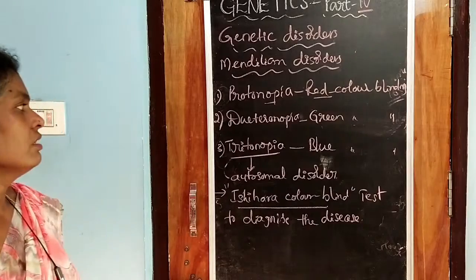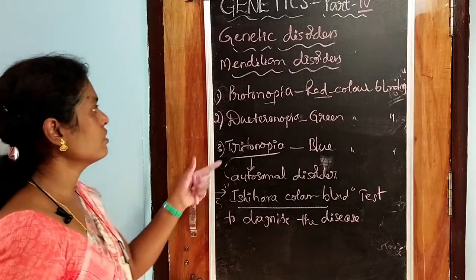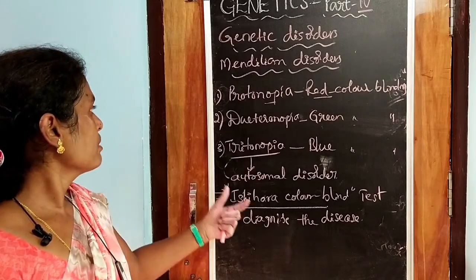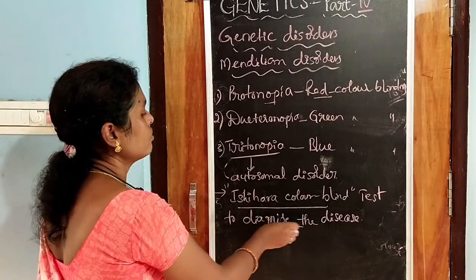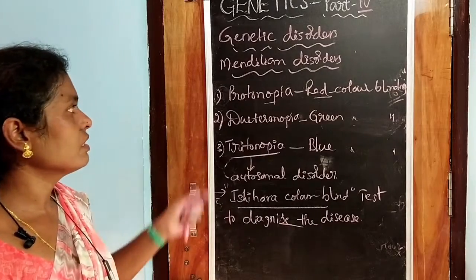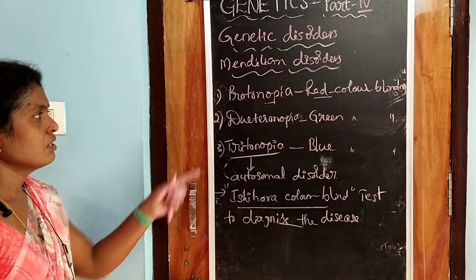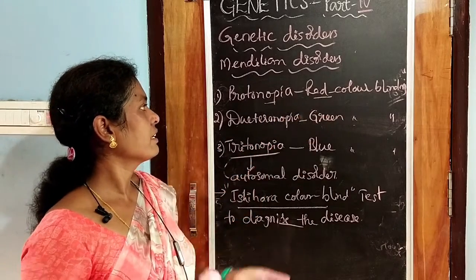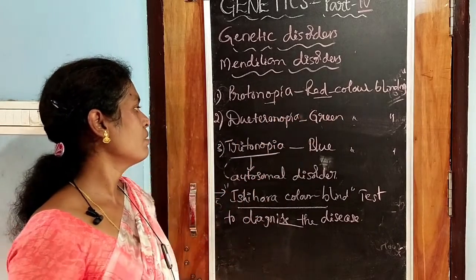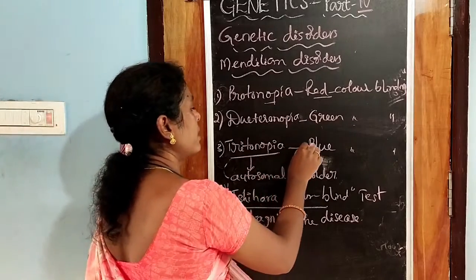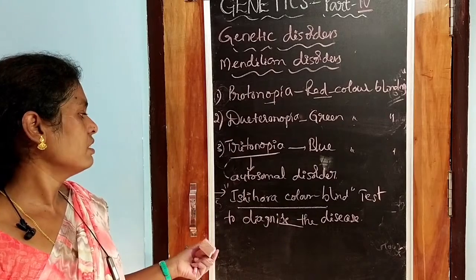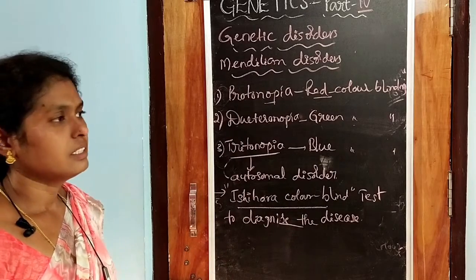Color blindness was already discussed in our previous class, so I skipped it in this session. This was a brief introduction. It is of three types: protanopia, a red color blindness; deuteranopia, a green color blindness; and tritanopia, a blue color blindness, but it is an autosomal disorder. The Ishihara color blind test is conducted to diagnose the disease.